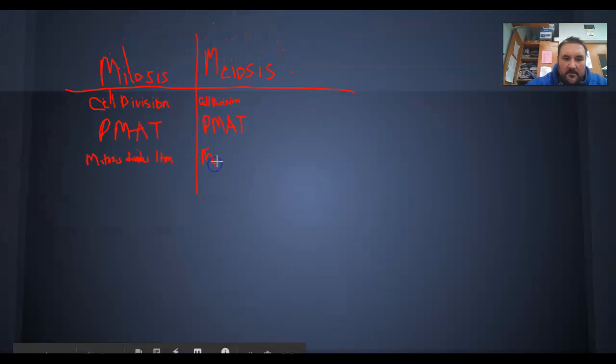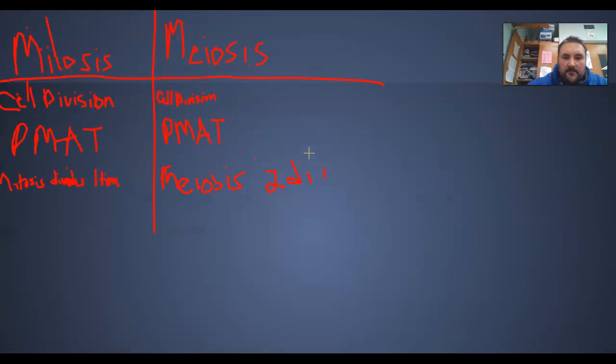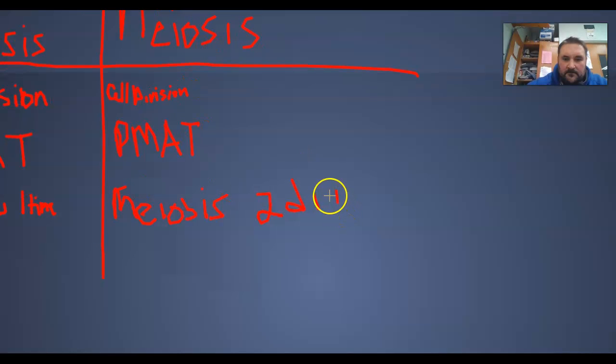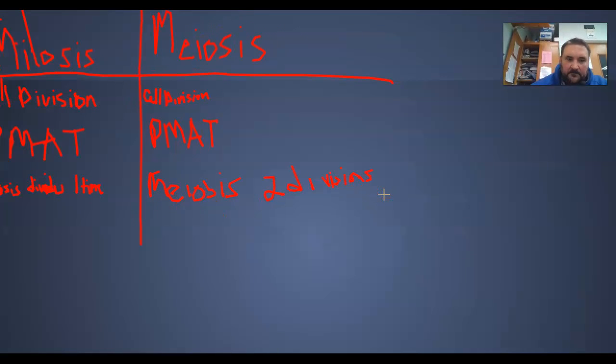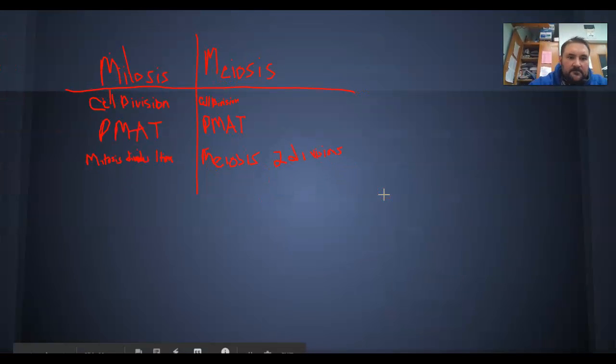where meiosis actually has to go through 2 divisions. Mitosis produces 2N diploid cells.